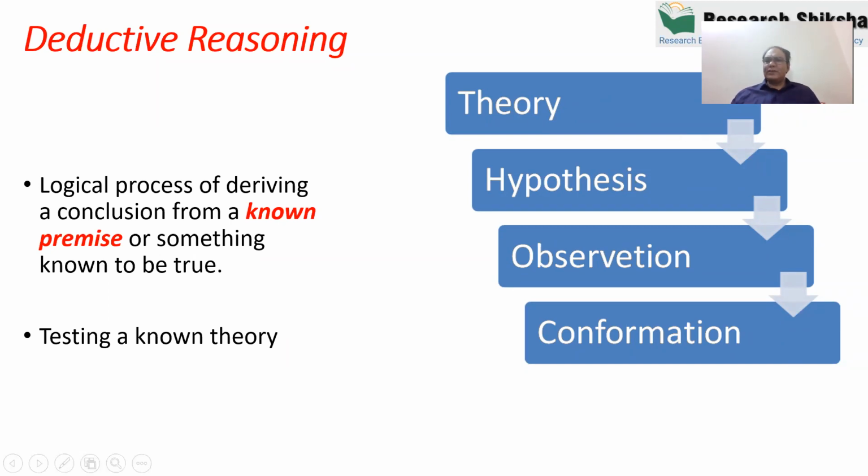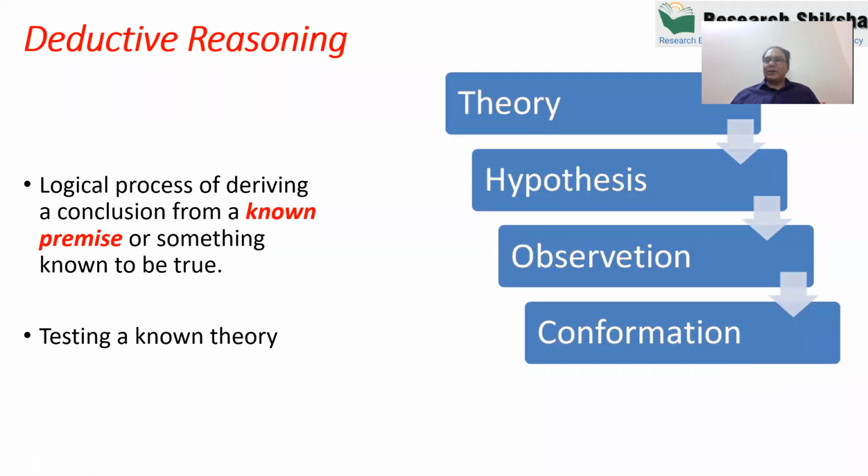So in most of the research, you know that most of you are doing descriptive research. Most descriptive research starts with a theory, and then we make the hypothesis and try to confirm the hypothesis, confirm the theory. This approach is known as deductive reasoning.